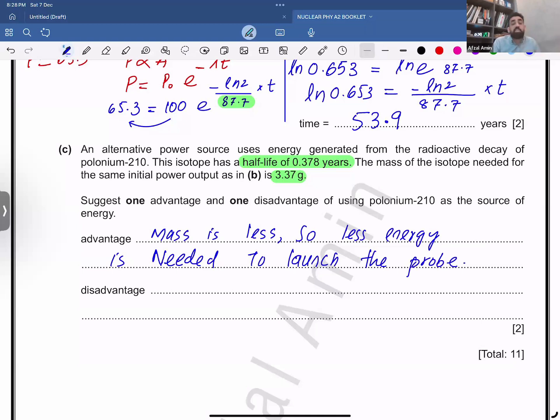The disadvantage, you can say, is that the half-life is too short. Short half-life means it will decay quicker and provide power for less time, or will not provide power for a long time.